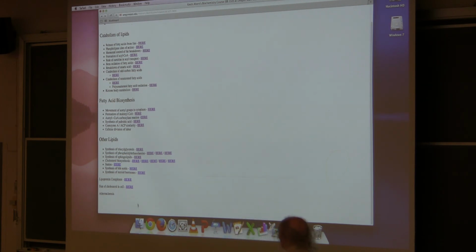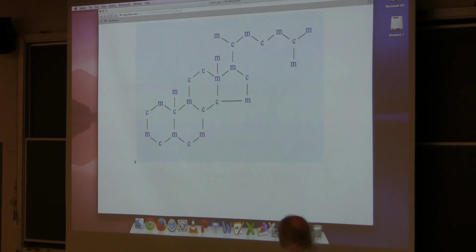I'm going to do cholesterol biosynthesis, and then we'll do something else. Here's the structure of cholesterol, and it shows you M's and C's. What are these M's and C's? Well, it may surprise you, but cholesterol in the body is made completely from acetyl-CoA. Completely.